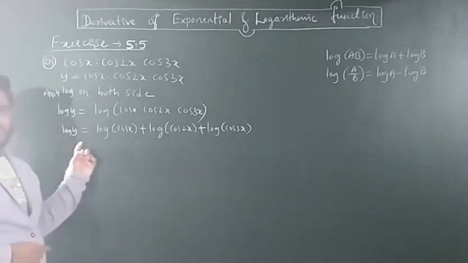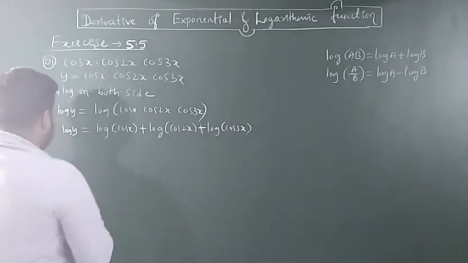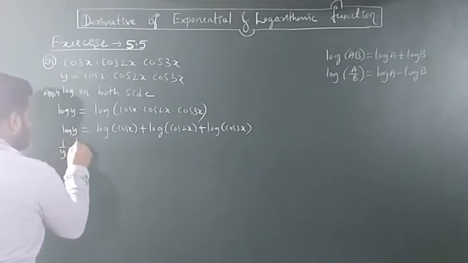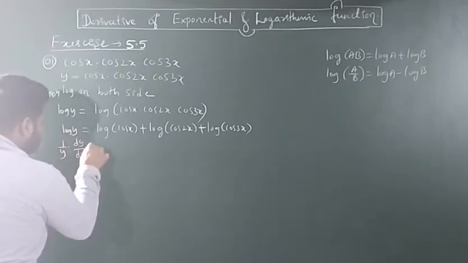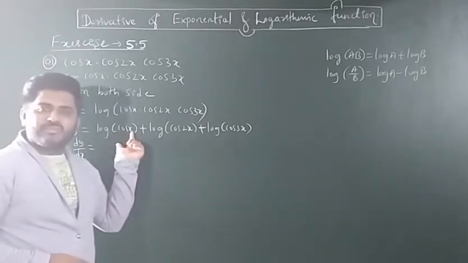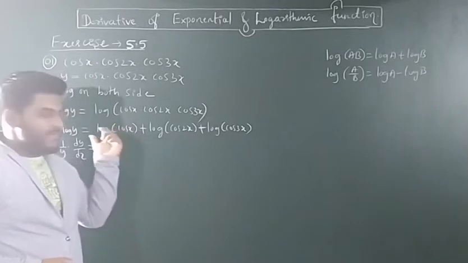Now we have to differentiate with respect to x. Log y differentiation is 1 by y into dy by dx, equal to log of cos x. Treat whatever function is present in the bracket as x.